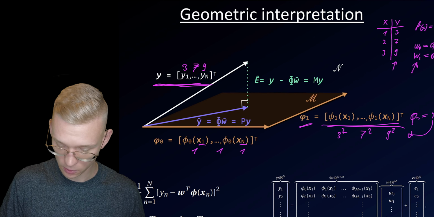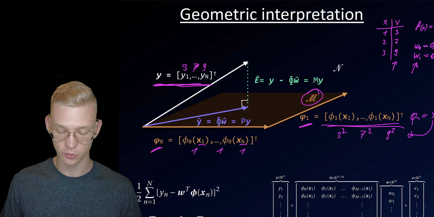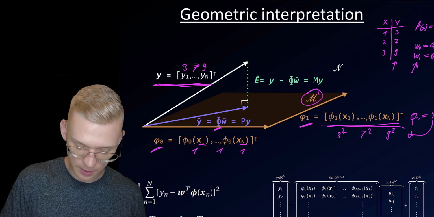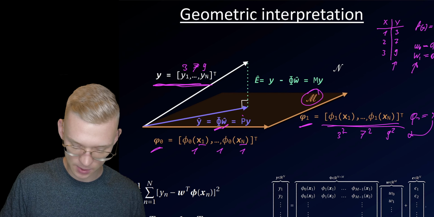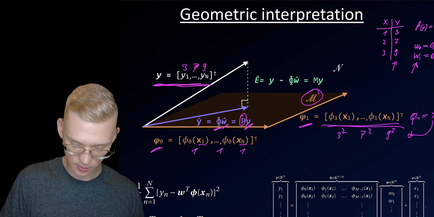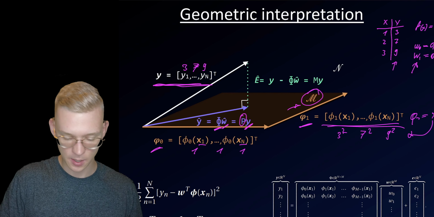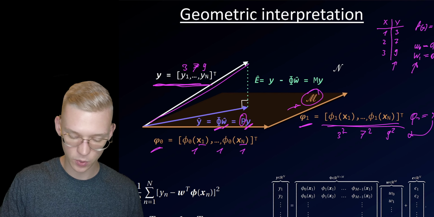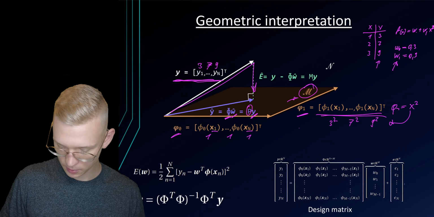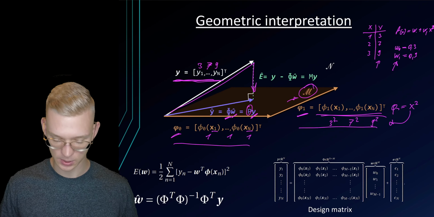We can think of phi 1 and phi 0 as vectors that define a plane M, and the projection of our design matrix with our weights is basically the projection of our actual true values into the plane of M. So this was the original, and we projected downwards onto the plane that we can define with those two vectors, so with our basis functions.